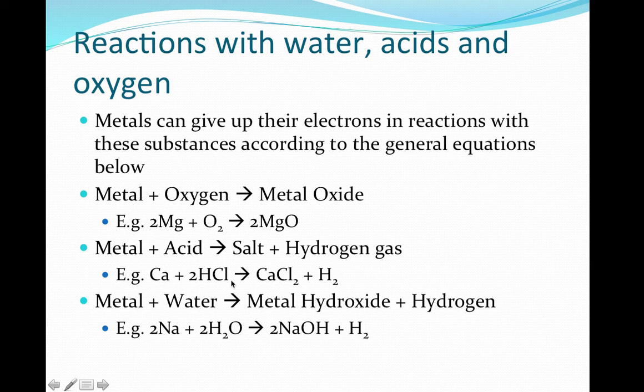That chloride ion, or whatever the anion happens to be, reacts and combines with the metal to make an ionic salt. So when we say salt is made, we don't mean it's always sodium chloride. We mean it's always the metal with the anion from the acid. If we react it with water, we always make the metal hydroxide, and we always get hydrogen gas as well.